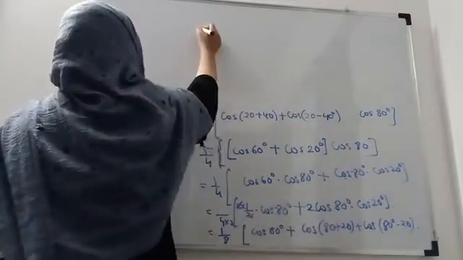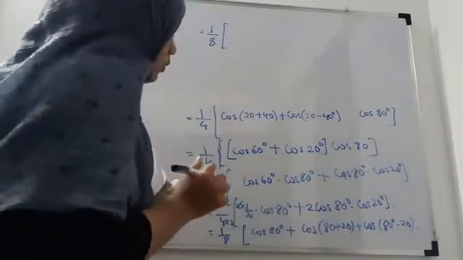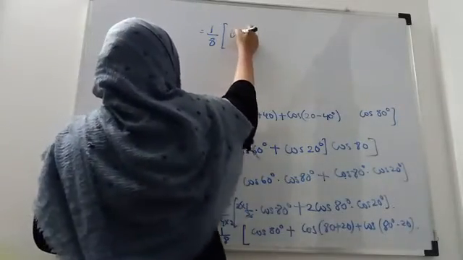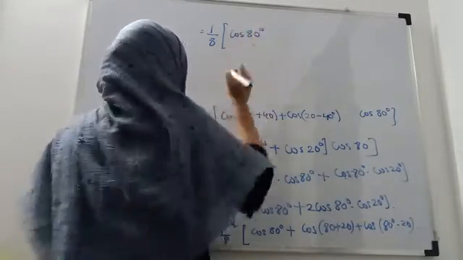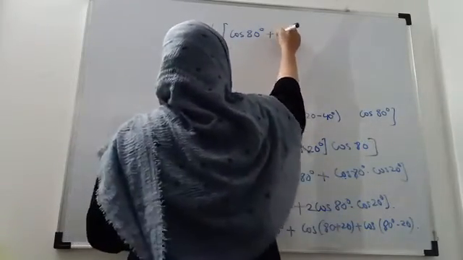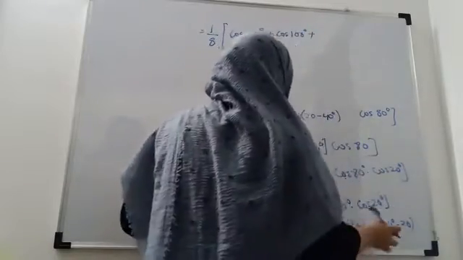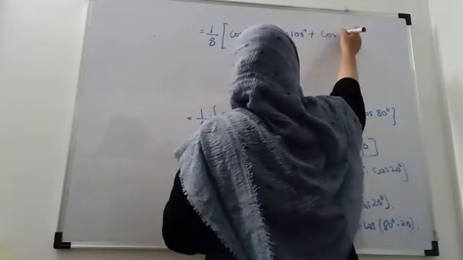So we have 1 upon 8 times cos 80 as it is. Now cos(80 plus 20) is cos 100, plus here it is cos 60.